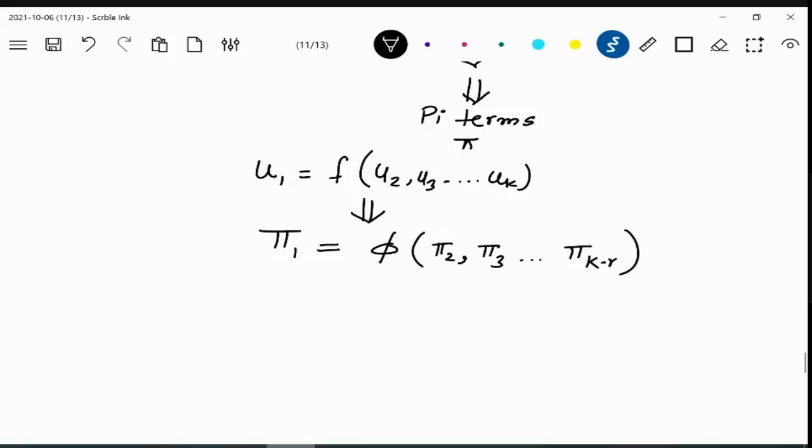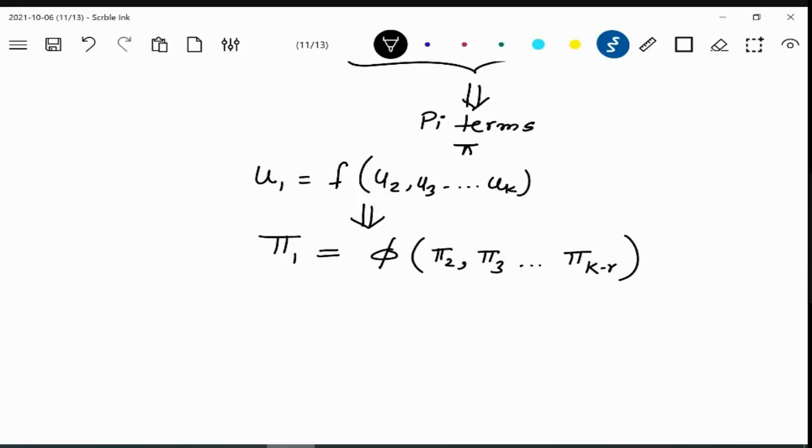So this you can use according to Buckingham pi theorem. You can also call this simply pi theorem or Buckingham pi theorem.